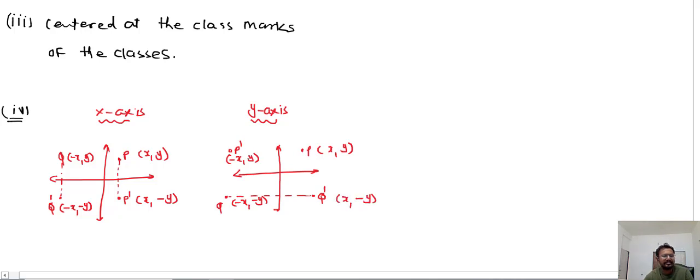Same, you can also know about the reflection towards the origin. Suppose you reflect any point towards the origin. What happens to that point? Suppose you have one point P (x, y), and you reflect that point towards the origin. What happened? P dash is here. The sign of both coordinates is going to change.